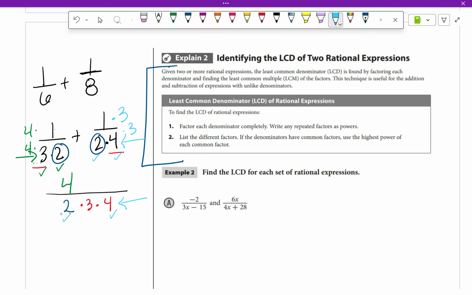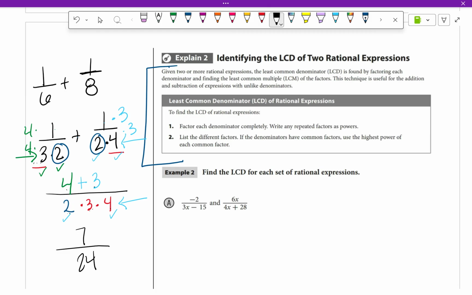My bottom's already taken care of because I already wrote my least common denominator. I'm keeping this plus sign in between. What's 1 times 3? 3. So if I add here, what's 4 plus 3? 7. And then 2 times 3 is 6 times 4 is 24.